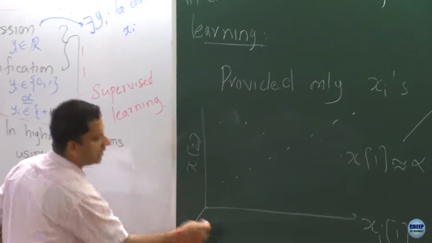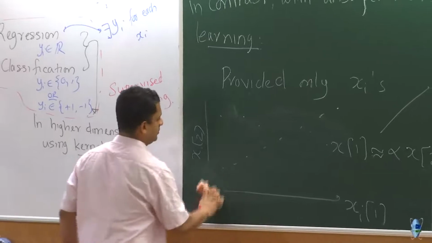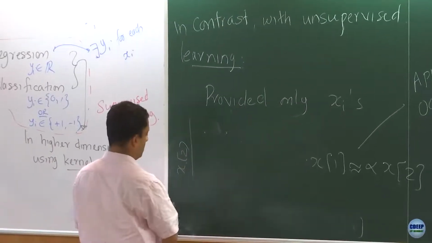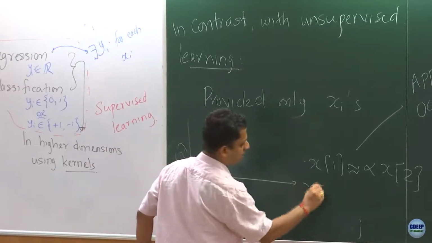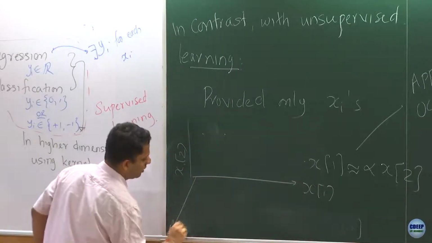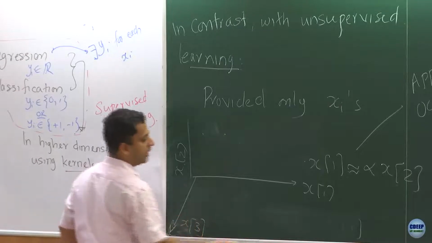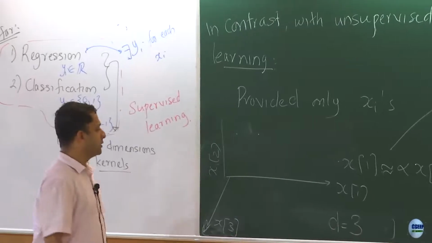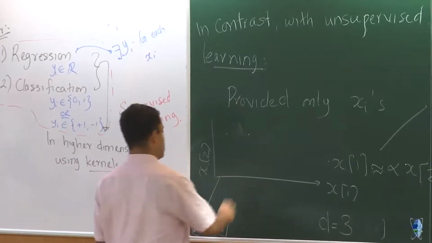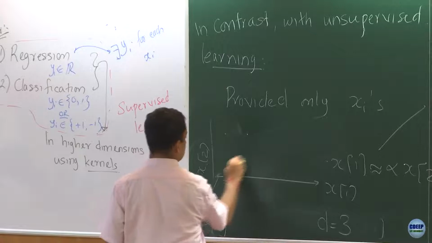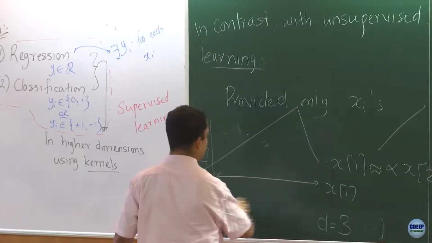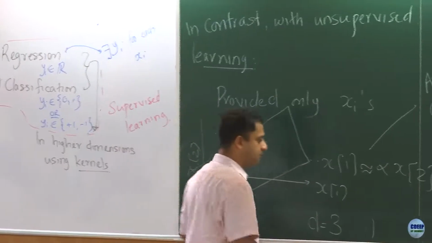Okay, so for the time being let's assume that the data is in 3 dimensions: X1, X2, X3, and here d equals 3. But suppose the points I have got lie in some 2-dimensional plane. Okay, the points are all lying in this 2-dimensional plane.